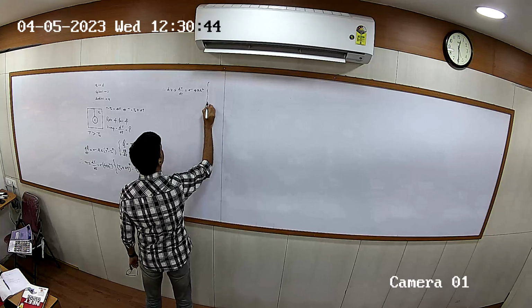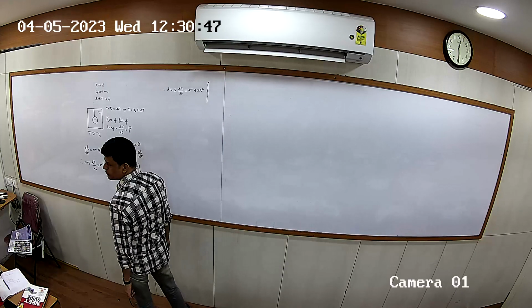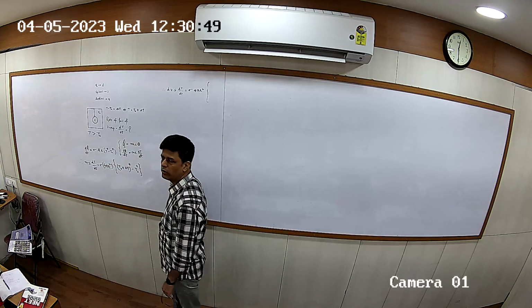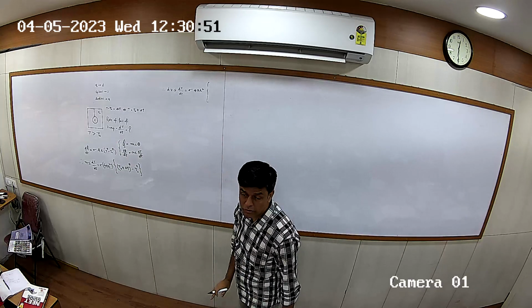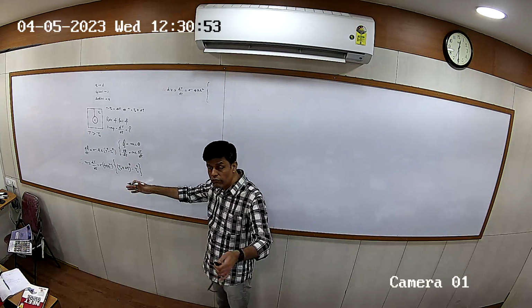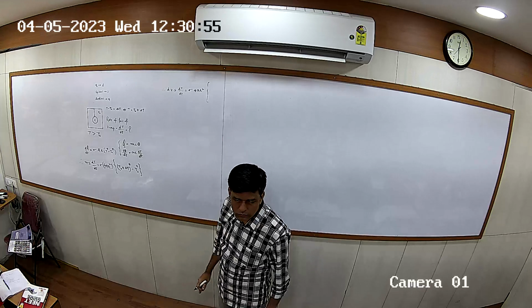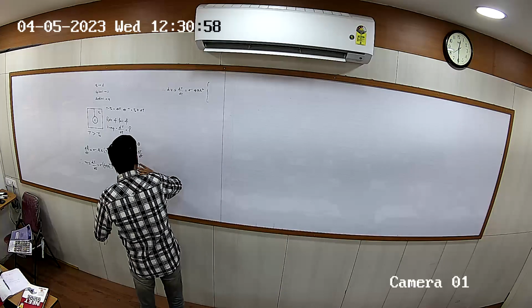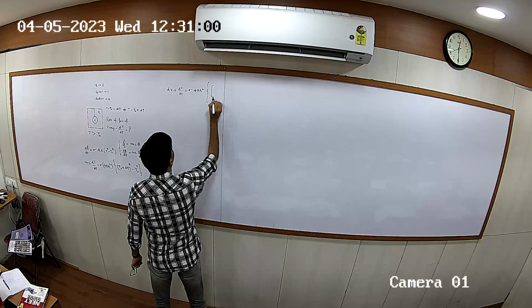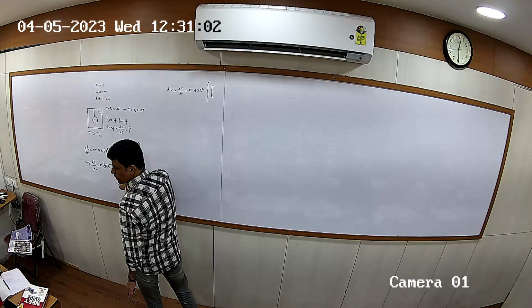Now there are two methods to solve this. One, either you go by binomial or you use a simple formula. Binomial expansion will be very lengthy. It will involve 5 terms. What I will do is I'll write it this way. From this bracket I am taking T naught common.